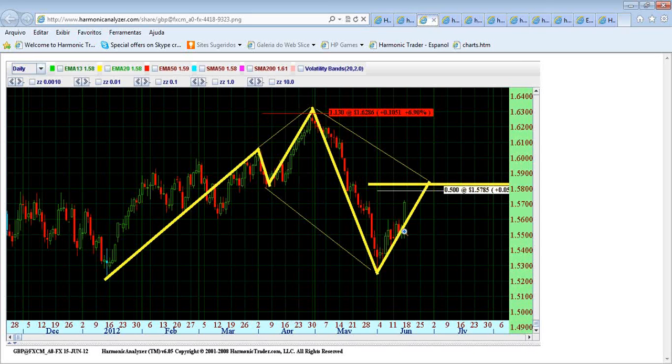So really important, and to sum up the main point I want to get across to everyone today: one, be proactive at a pattern completion point. Wait for that pattern to complete.